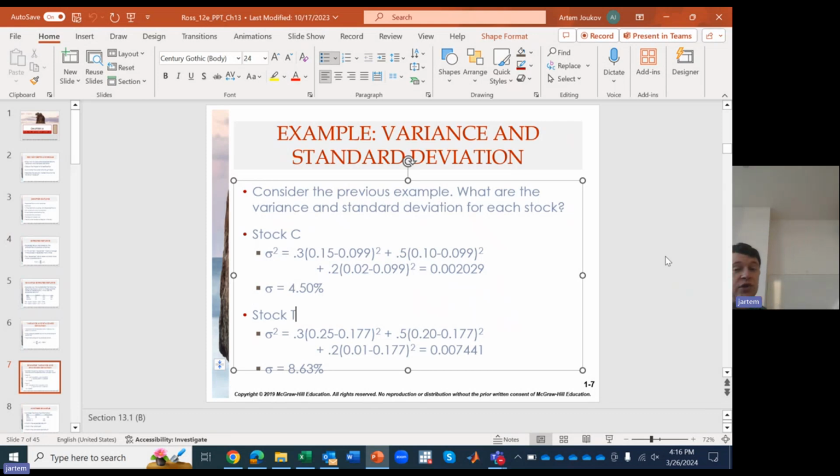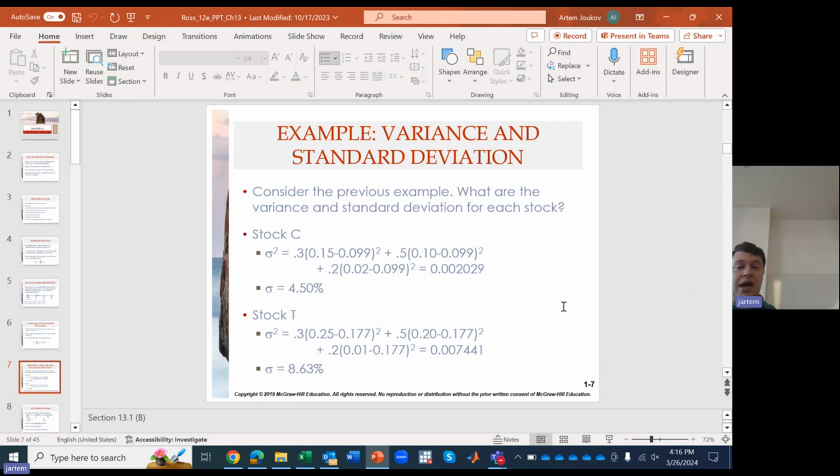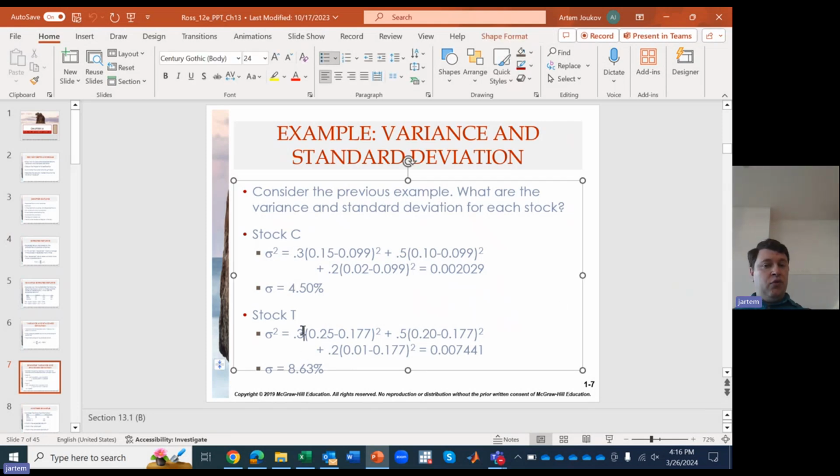Now we can do the same thing for stock T. The application is exactly the same. Notice you have 0.3, 0.3, 0.5, 0.5, 0.2, 0.2. All you're doing is plugging in the different returns in those states, right?